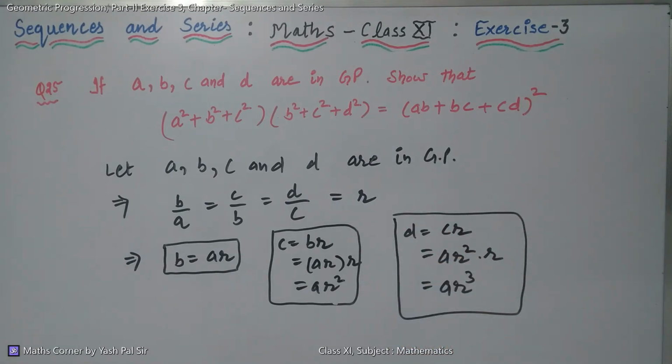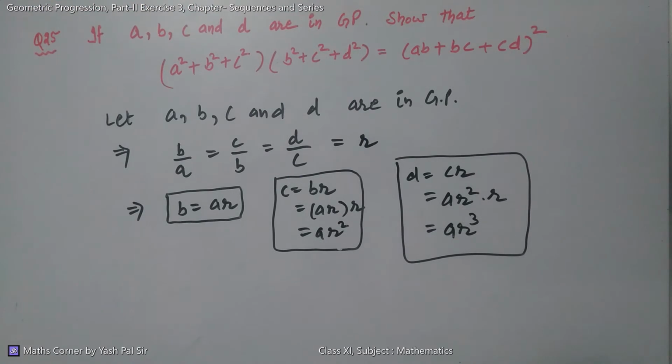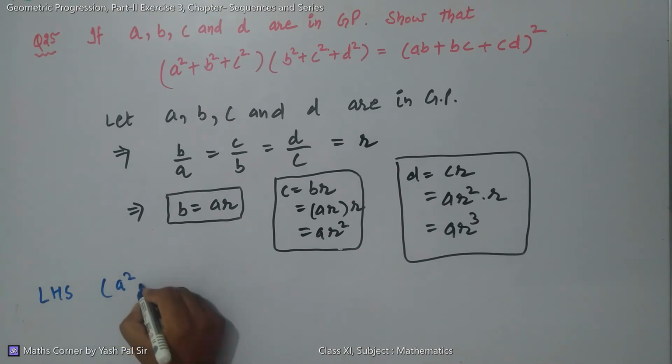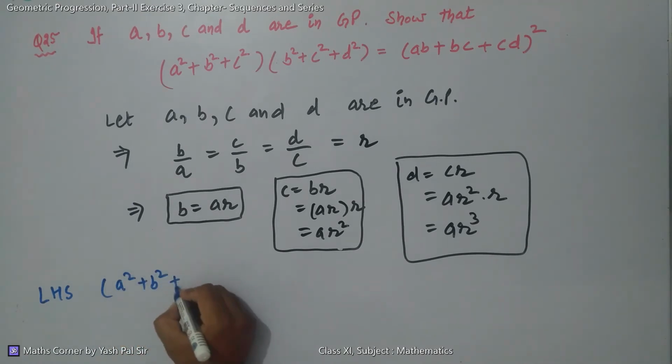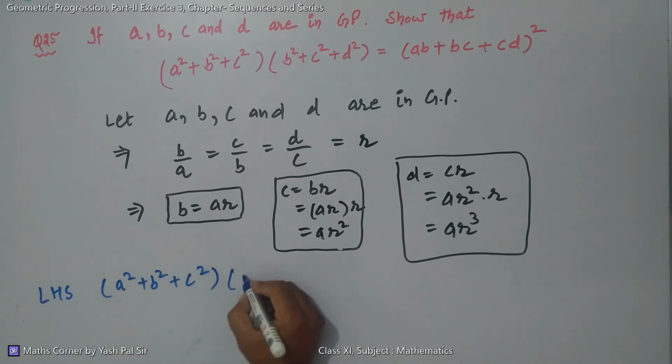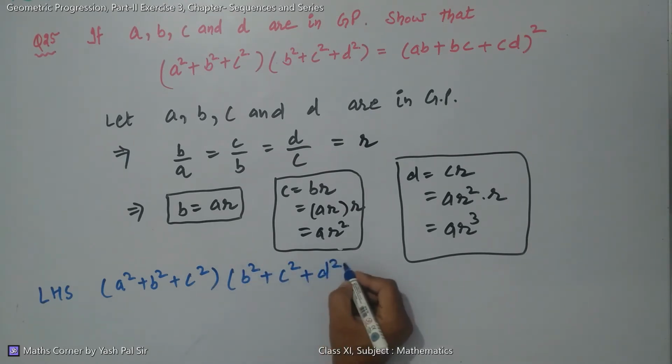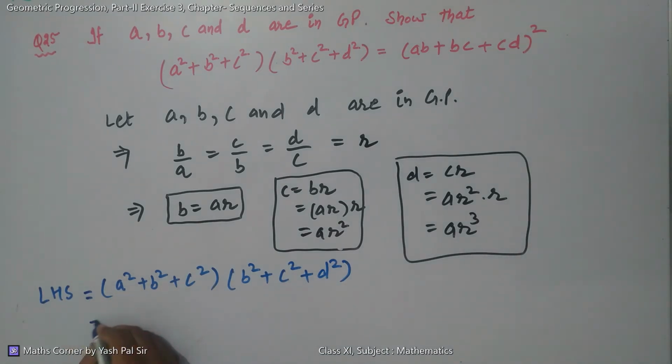Right? Now what is our question? Left hand side. What is left hand side? To prove: (A square plus B square plus C square) into (B square plus C square plus D square). This means A square, there is no change.